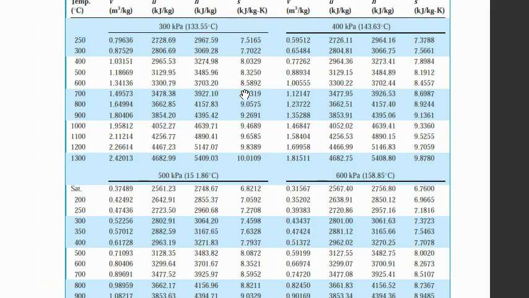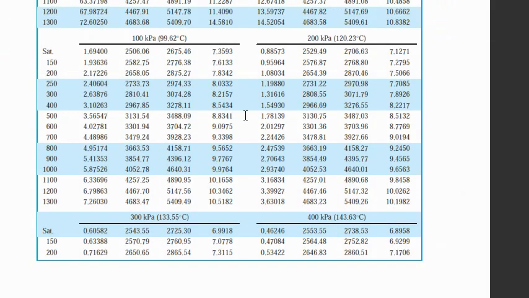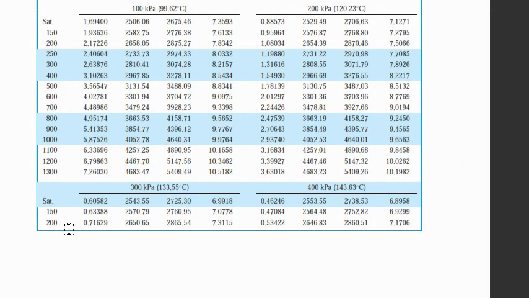So we need to look at a temperature of 200 degrees Celsius and a specific volume value of 0.5. What we find is that at 200 degrees Celsius, at a pressure of 400 kilopascal, the specific volume is 0.53, which is slightly greater than our calculated value.